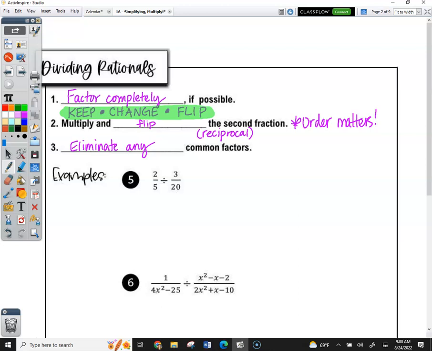Alright, so keep, change, flip. Now, eliminate common factors. The 5 will go into the 20 4 times. Now multiply straight across.